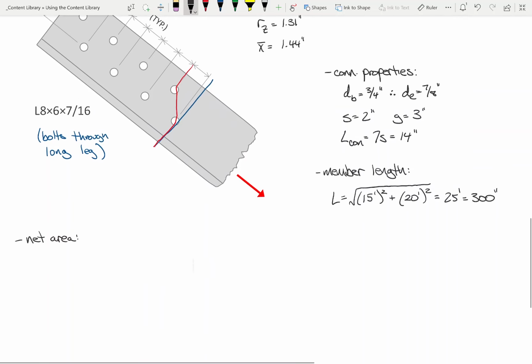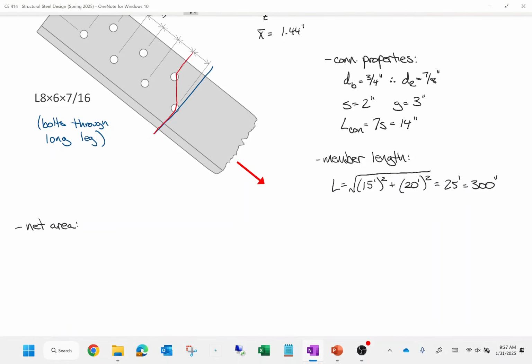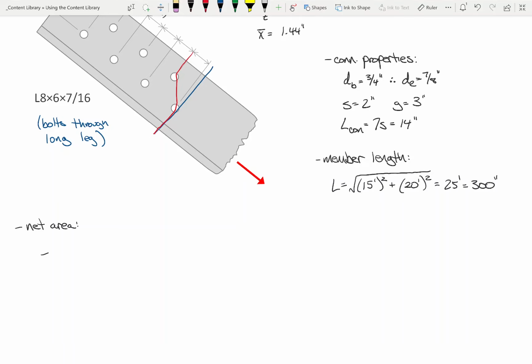Okay, so net area. Let's just do a net area 1 and a net area 2. My net area 1 is going to be the one without stagger.